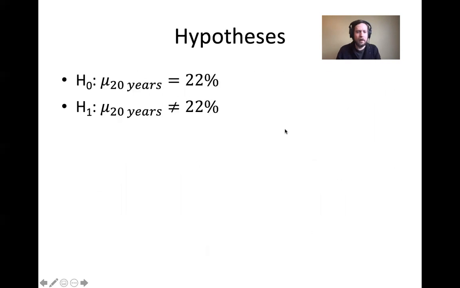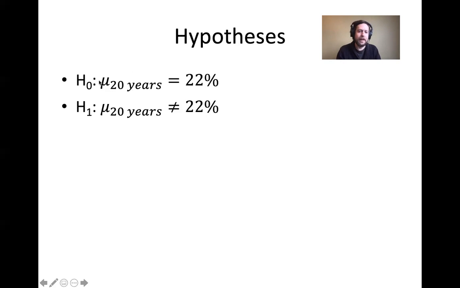So here are the null and research hypotheses. The null hypothesis basically means that there's no effect, that the treatment has no effect. In this case, that means the mean percentage of women in these certain jobs over the 20 years since the 90s should be the same as the population mean from the 90s.